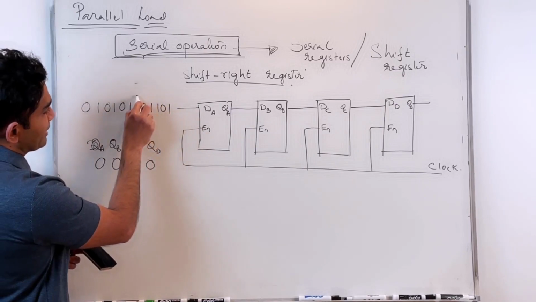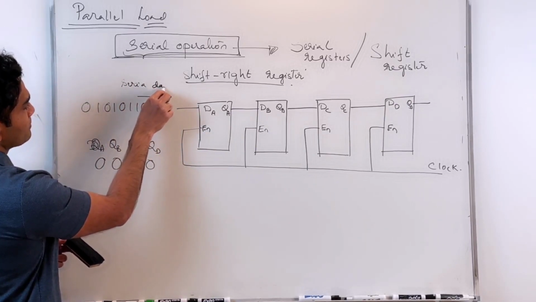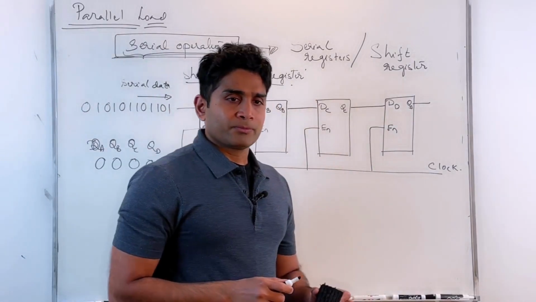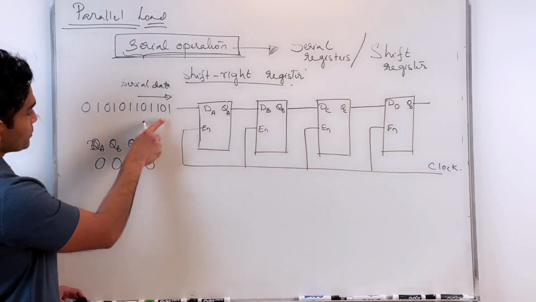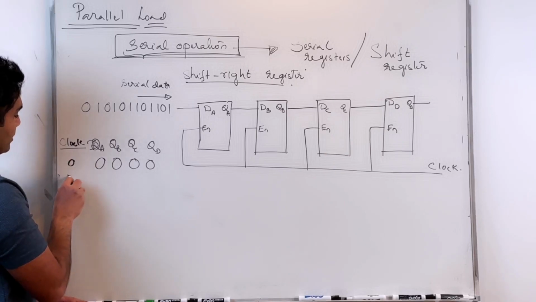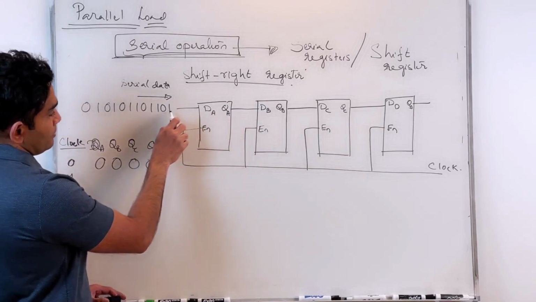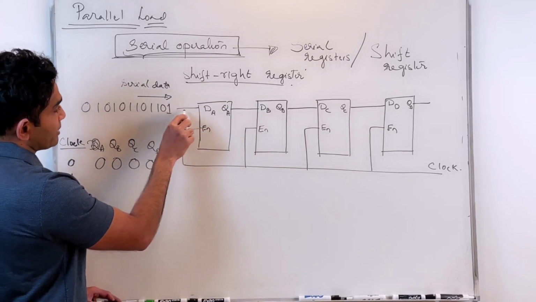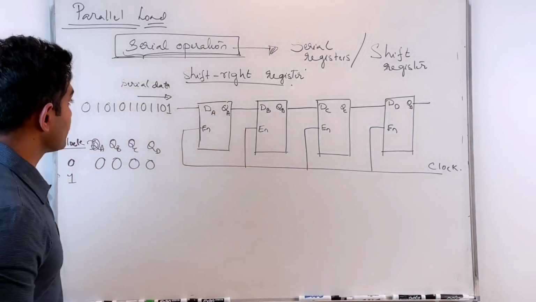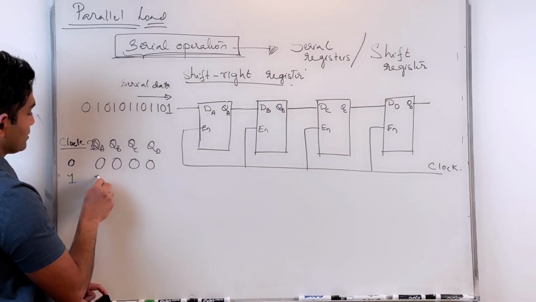So let's say this is my data coming in, that is my serial data. Now, let's say that's the 0th clock pulse. On the first clock pulse, I've already applied 1 here. On the first triggering instance, if you will, my QA gets triggered. So my QA gets the value of 1.